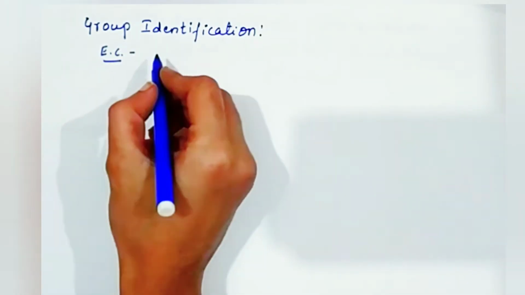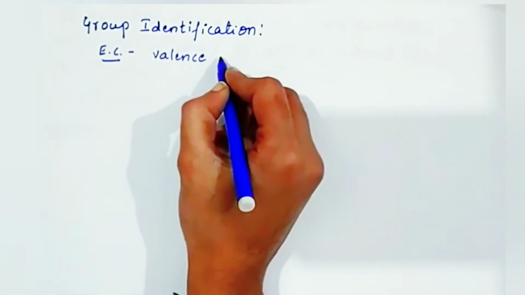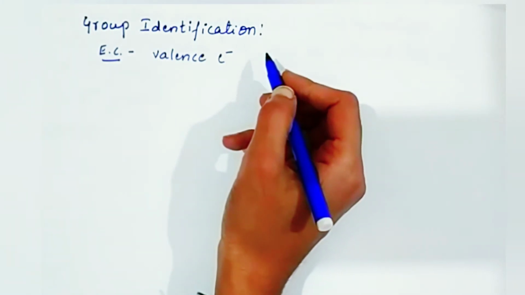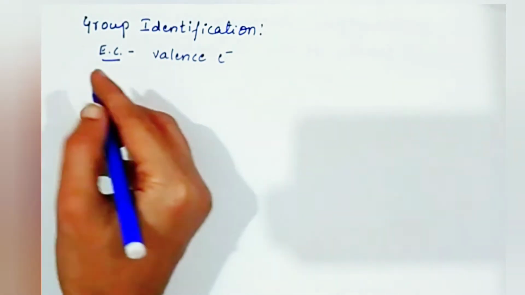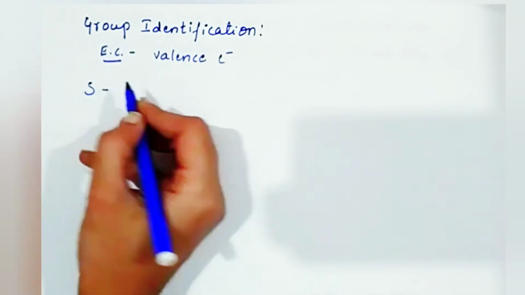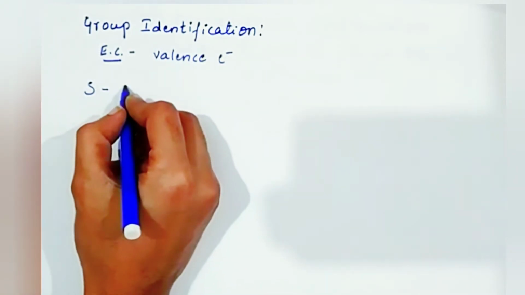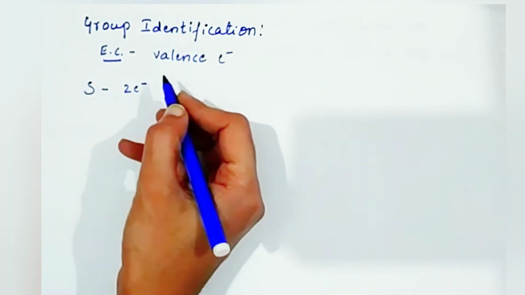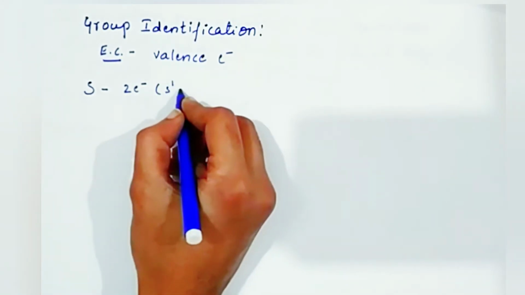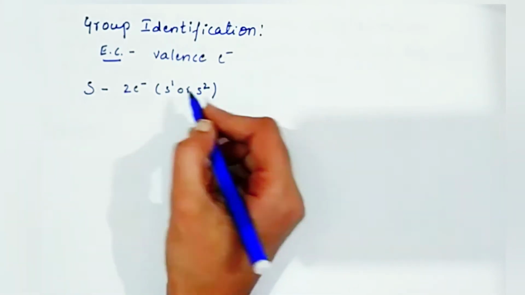In electronic configuration, first we have to identify which orbital the valence electrons enter. Let us consider the electron enters into s orbital. The s orbital's maximum capacity is 2 electrons, so it may be s1 or s2 configuration.